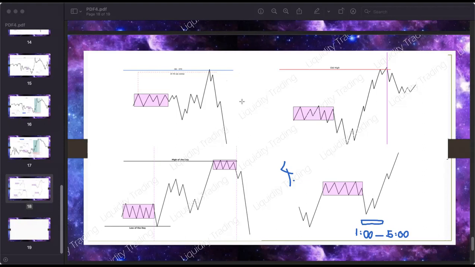The Asia range would be used with preferably 1 standard deviation or maybe 2. The way you select if it's 1 or 2 is that you want to see the standard deviation aligning with the point of interest. If one standard deviation is aligning with it, you're going to use 1. If 2, then you're going to use 2.